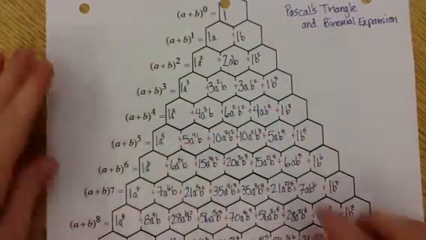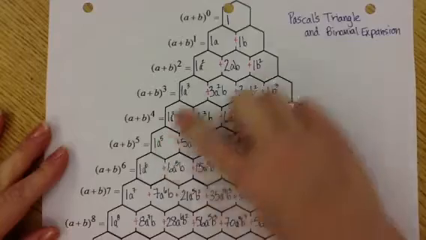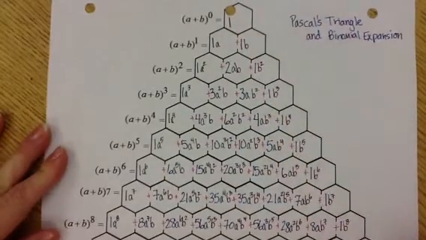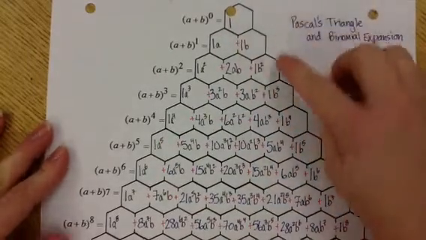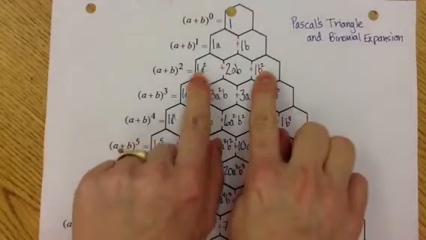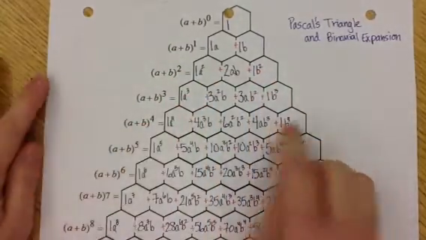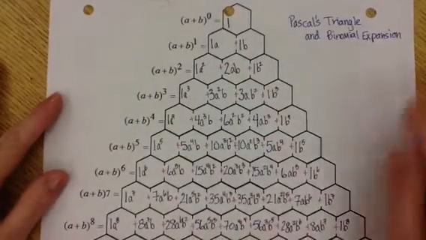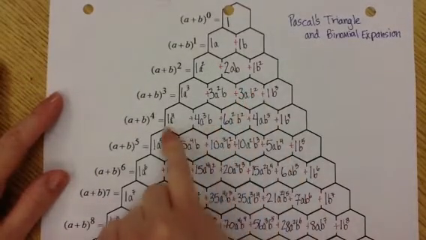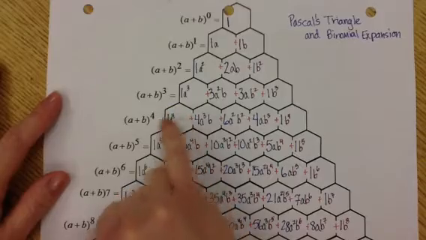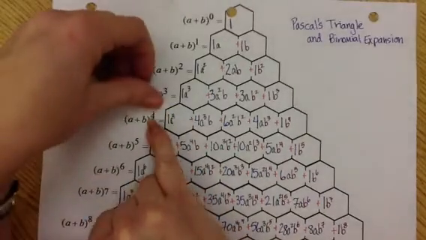One thing I want you to notice is that always the outside edge has 1s for the coefficients, and then the exponents on the a and b match the power that is in that row. And each term, as you go through, if you look at the degree of each term, the degree of this term is 4, which is the exponent on a plus b.